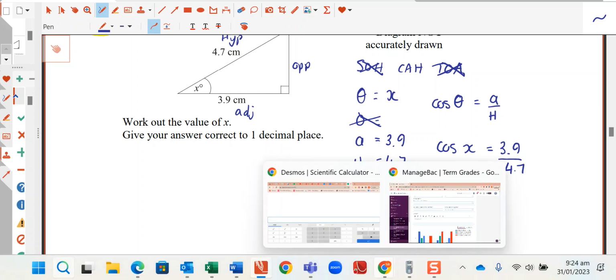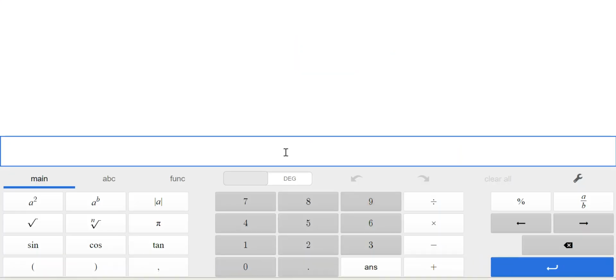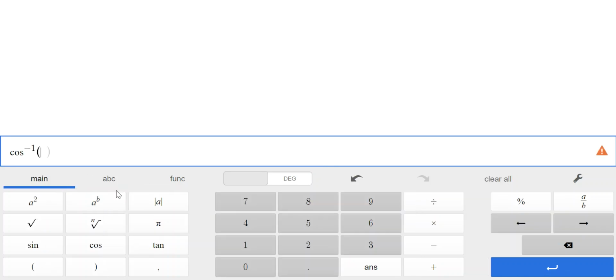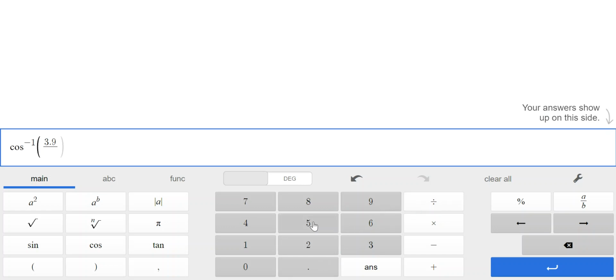And we did that on our calculator. Function, inverse cosine, 3.9 divided by 4.7, and brackets. So we get the answer 33.923.